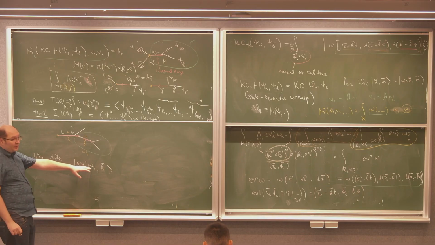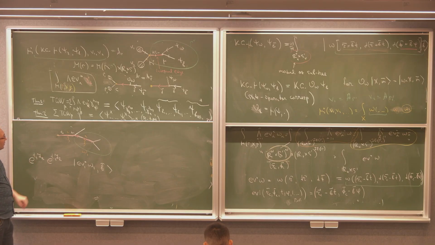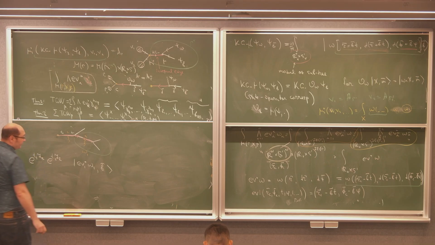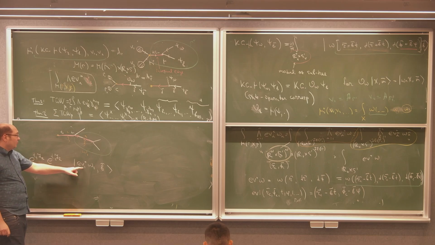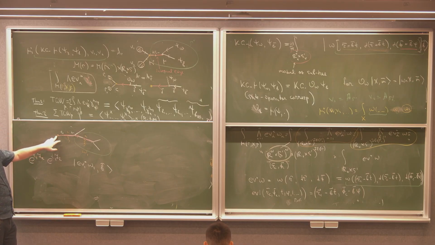Applying these additional pullbacks with respect to the vector field flow will just give us a longer flow, which will include three pieces. First flow from one to this vertex, then flow from this vertex to marked point 2, and then flow from marked point 2 to center of mass.